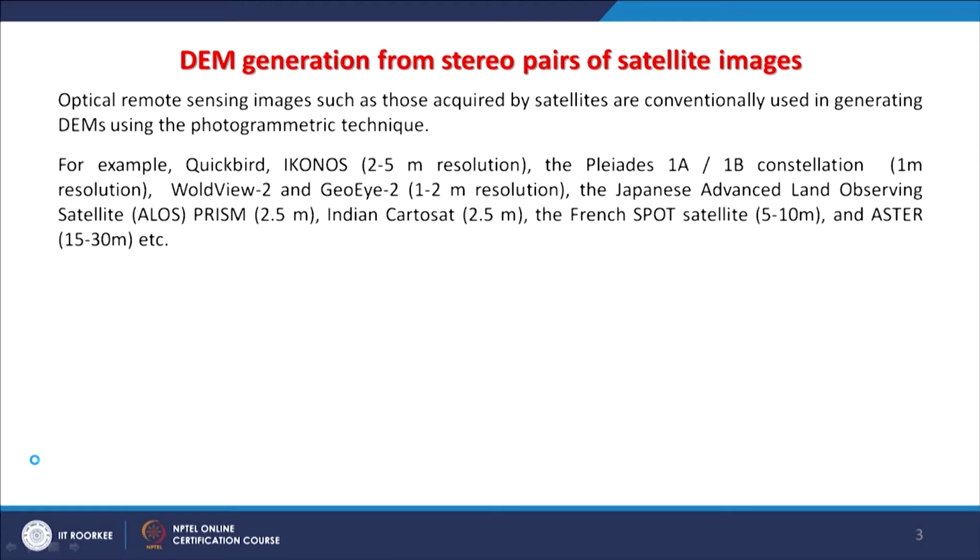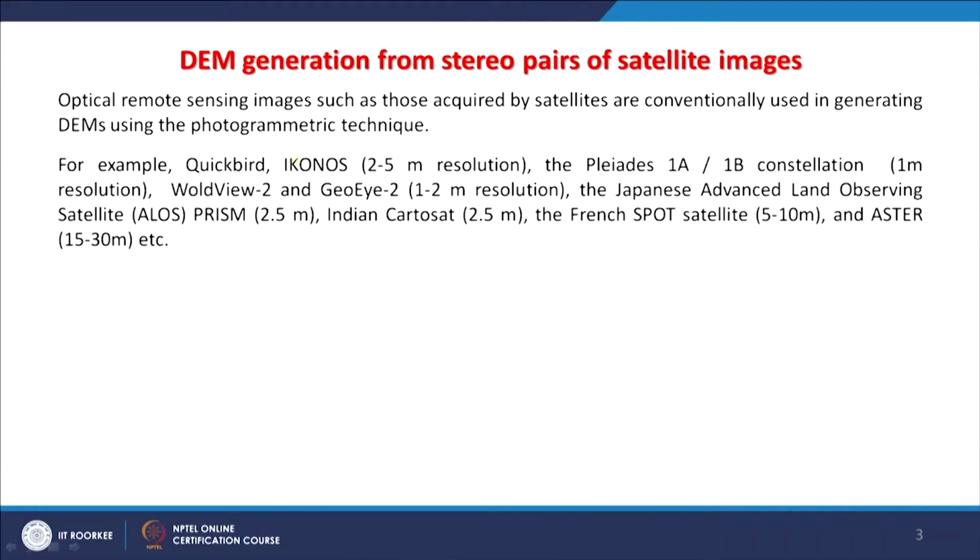The journey started using stereo pairs and generating digital elevation models with SPOT, but SPOT is no more in space. There are various other satellites which are providing this, for example IKONOS or QuickBird, which can generate digital elevation models at 2 to 5 meter resolution.